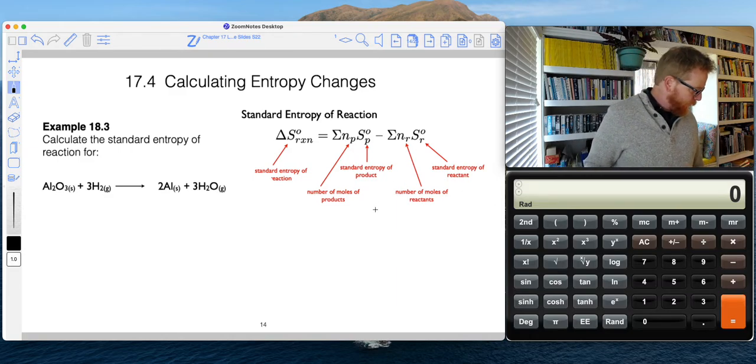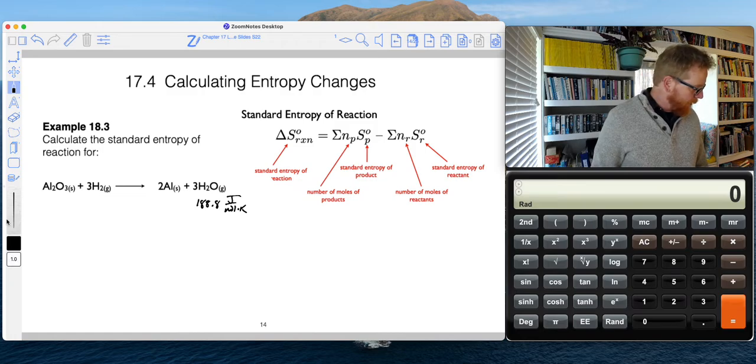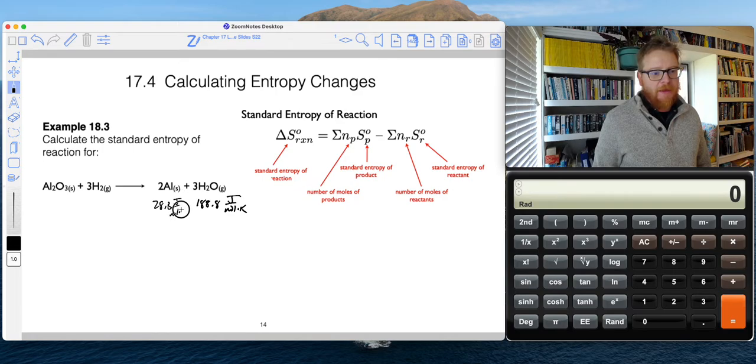So for the H2O gas, it's 188.8 joule per mole K. For the aluminum solid, it's 28.3 joule per mole K. So it makes sense that our water is higher in entropy than our aluminum.